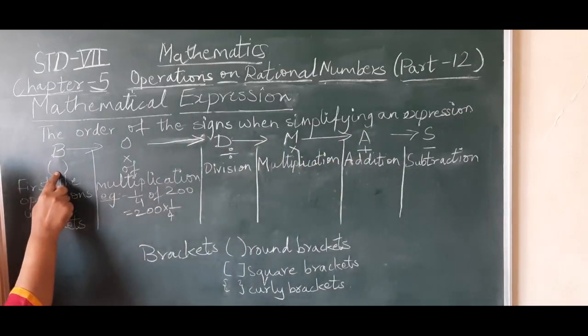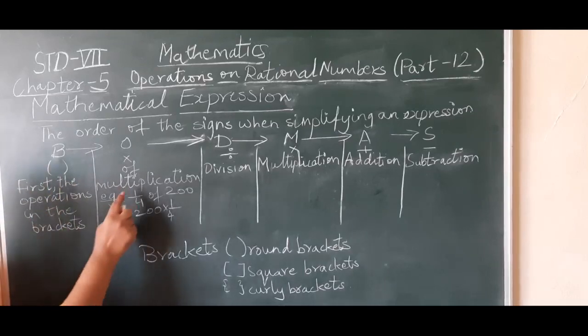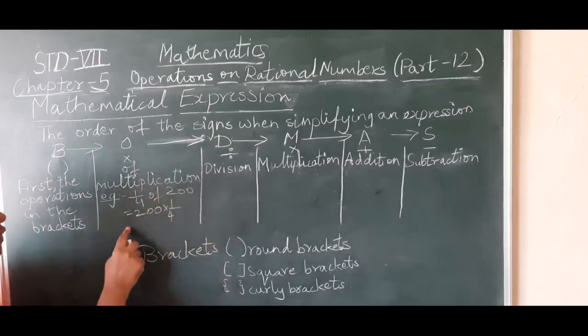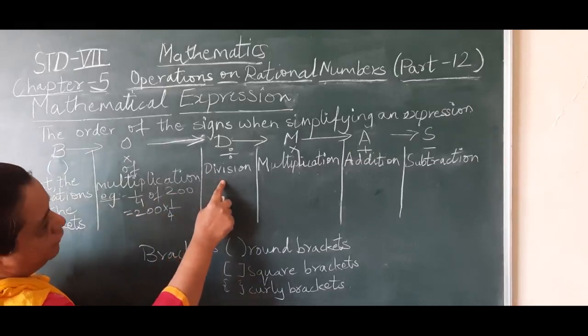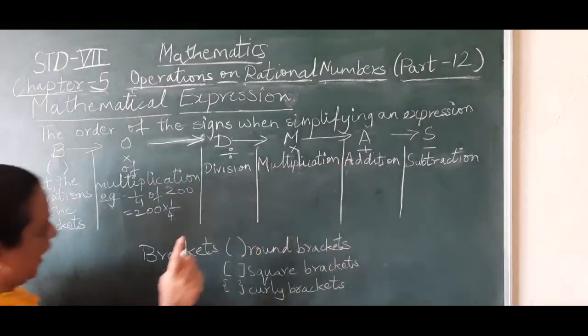Round brackets open, that is first the operation in the brackets, then multiplication. For example, 1 by 4 of 200 is equal to 200 into 1 by 4. After that, division, multiplication, at the end addition and subtraction.